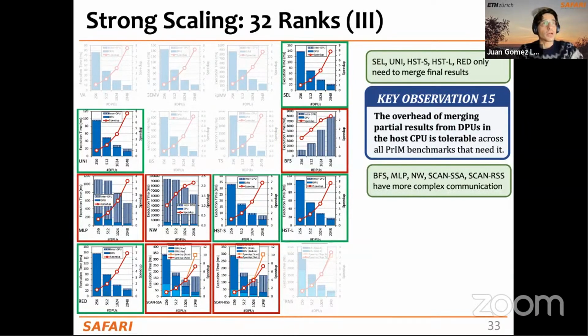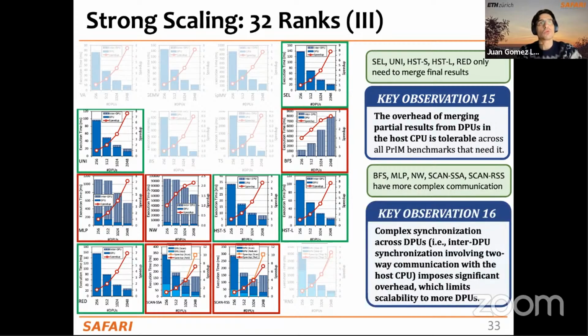There are some other workloads, as you know, that require more complex communication because they need to first move intermediate results from the DPUs to the CPU, then rearrange, and then move back to the DPUs. So in those cases, the inter-DPU synchronization is much more noticeable, and it imposes a significant overhead, especially in some of these benchmarks like BFS, NW, and MLP.